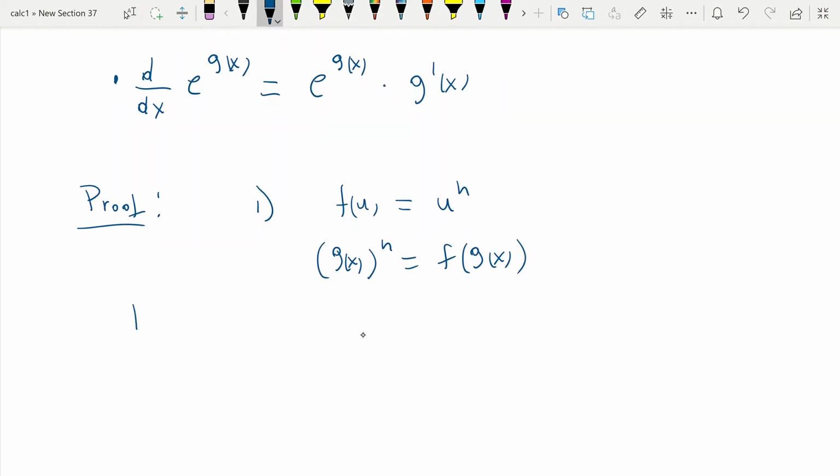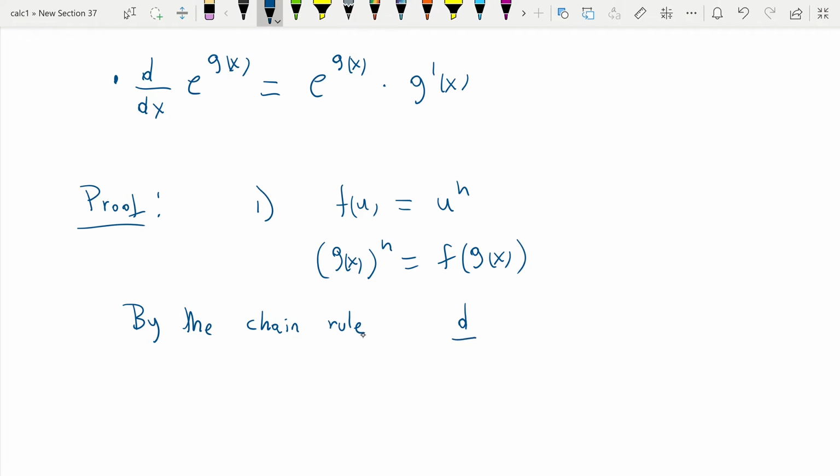So by the chain rule, we take the derivative of the outside function, evaluate at the inside function, and then take the derivative of the inside function and multiply everything.